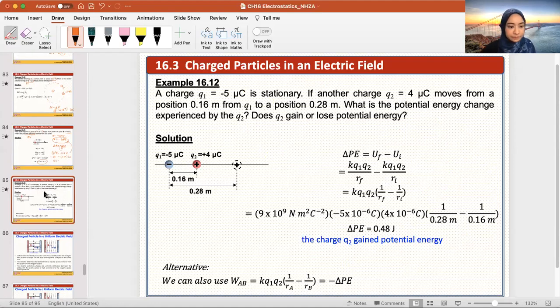Okay, next one. A charge Q1 of minus 5 microcoulomb is stationary. Stationary means at rest, or V initial equals 0.